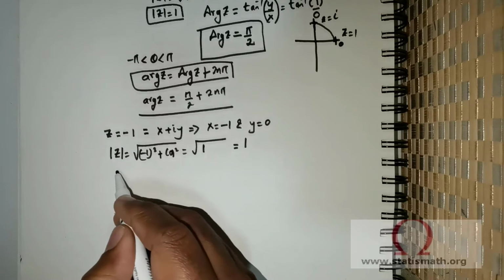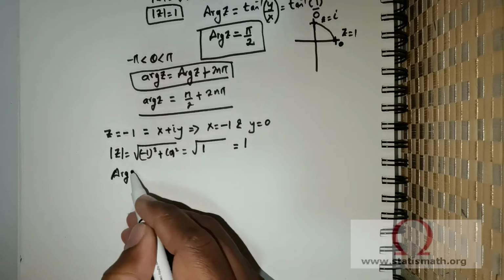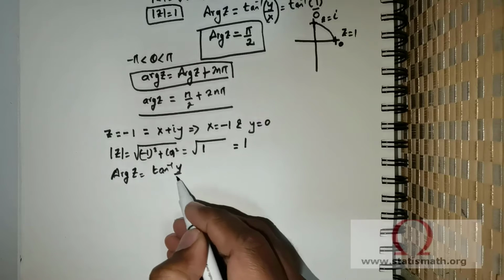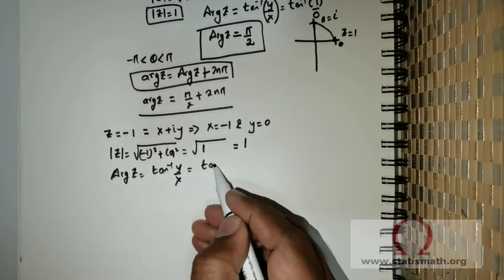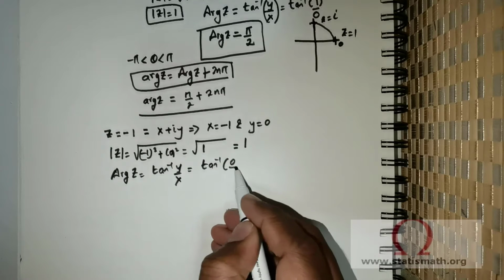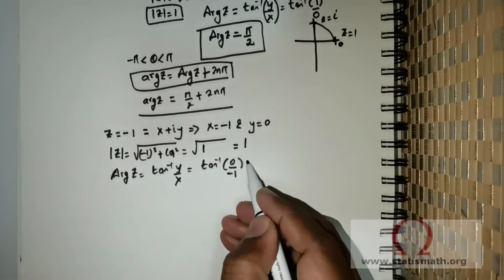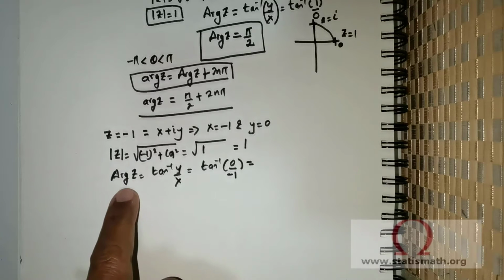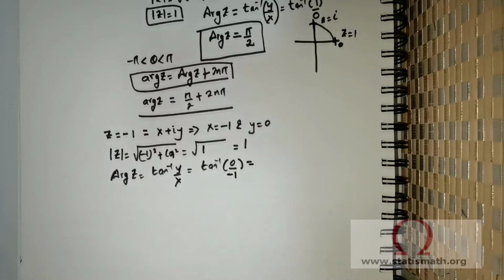Now, having obtained the modulus, let us obtain the argument of the complex number, which is tan inverse of y divided by x, which is equal to tan inverse of 0 divided by negative 1. In this case, we have to be a little bit cautious in obtaining the value for argument of z.